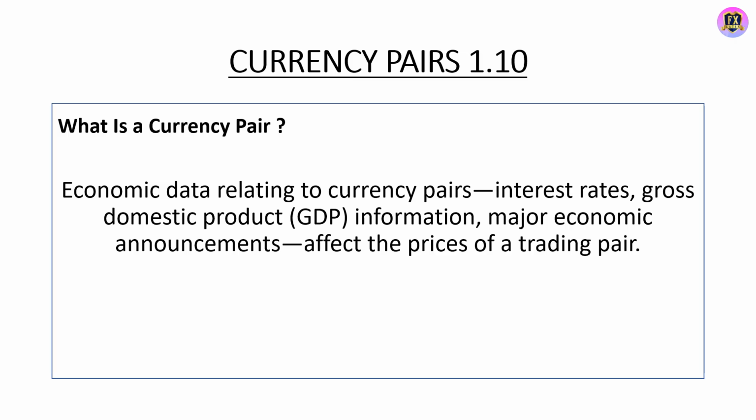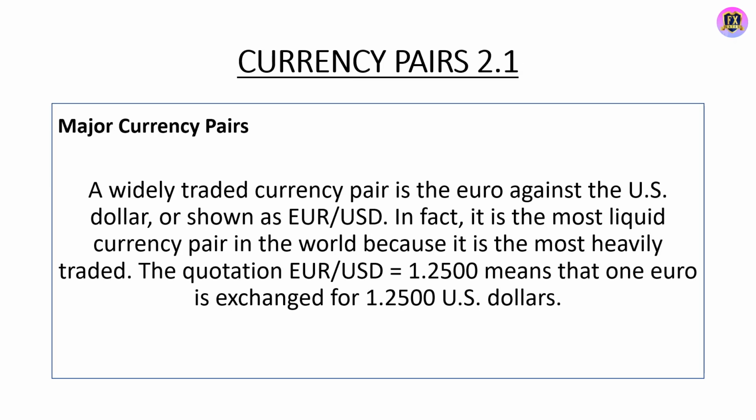Now, what are the major currency pairs? A widely traded currency pair is the euro against the US dollar, or shown as EUR/USD. In fact, it is the most liquid currency pair in the world because it is the most heavily traded. The quotation EUR/USD equals 1.2500 means that 1 euro is exchanged for 1.2500 US dollars.